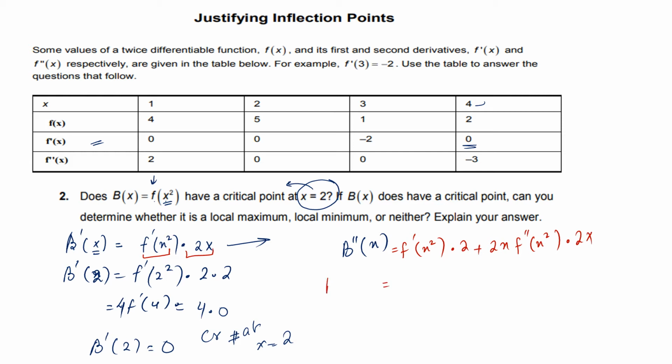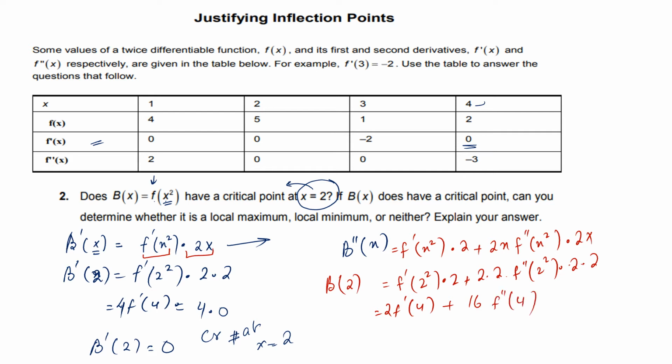Now replace x by 2. So f prime of 2 square times 2, plus 2 times 2 times f double prime of 2 square and then again 2 times 2. Solve it. So f prime of 4 times 2, plus 2 times 2 is 4, 4 times 2 is 8, 8 times 2 is 16, f double prime of 4.